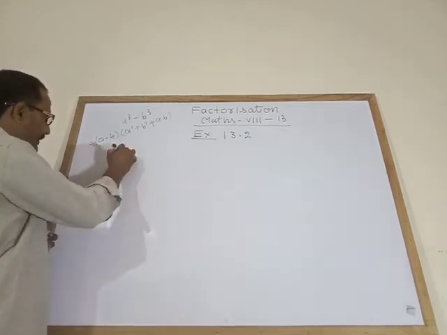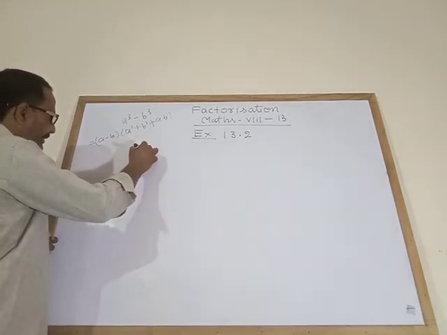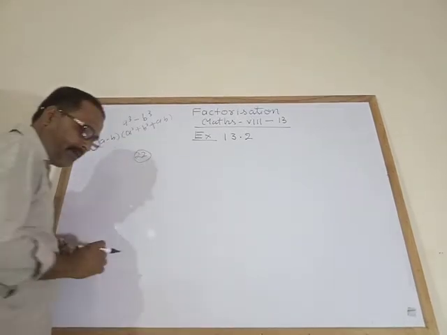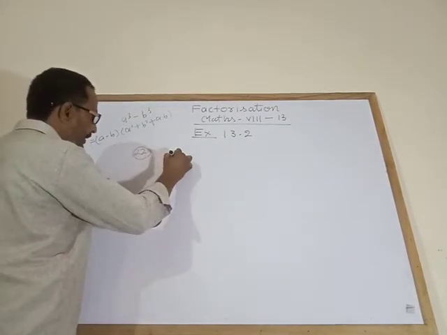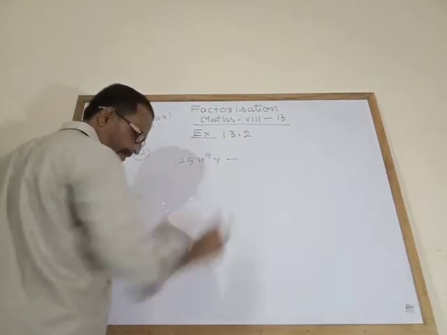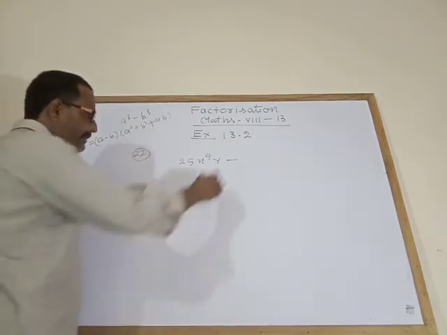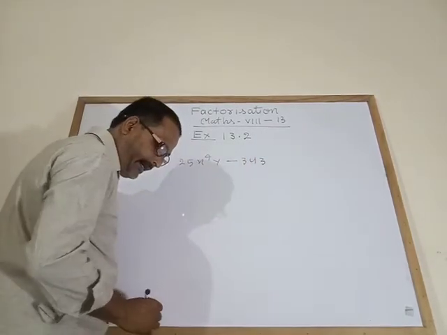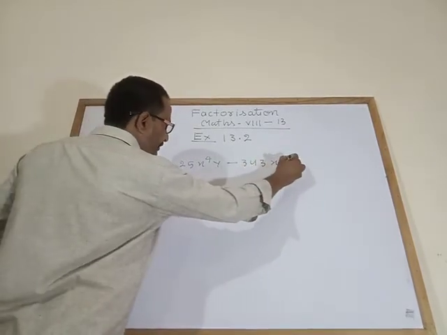Question number 22 is given: 125 x to the power 4 y minus 343 x y to the power 4.